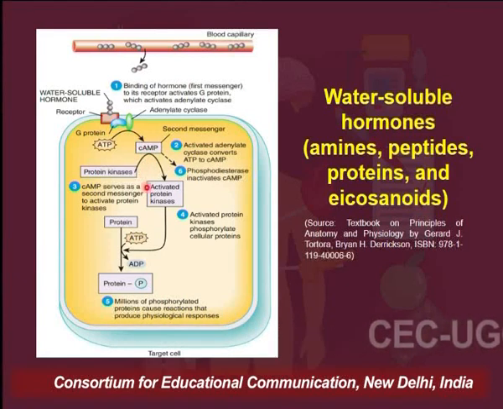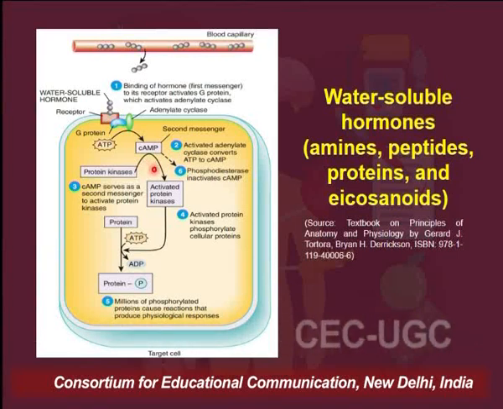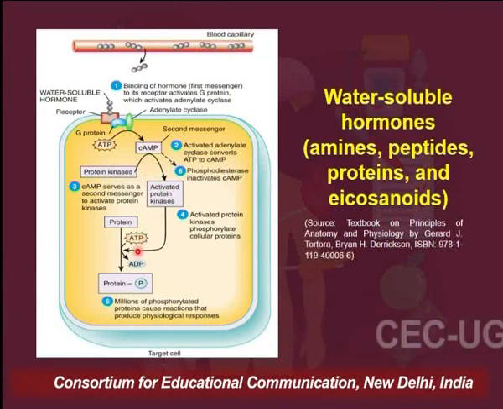This cAMP would in turn activate the protein kinases, and as the name suggests, kinases will always add a phosphate group to the proteins. So these kinases will take up phosphate from the ATP and will add that phosphate to the protein.